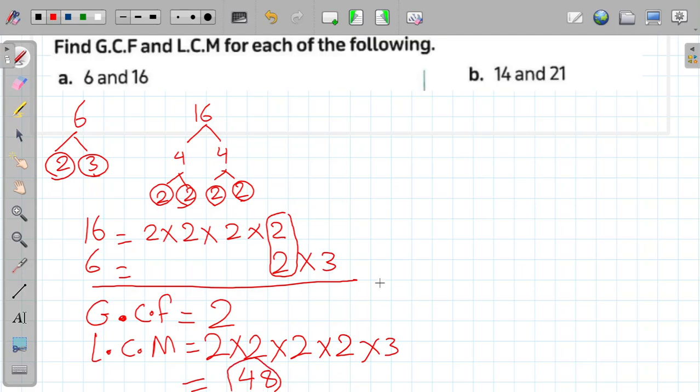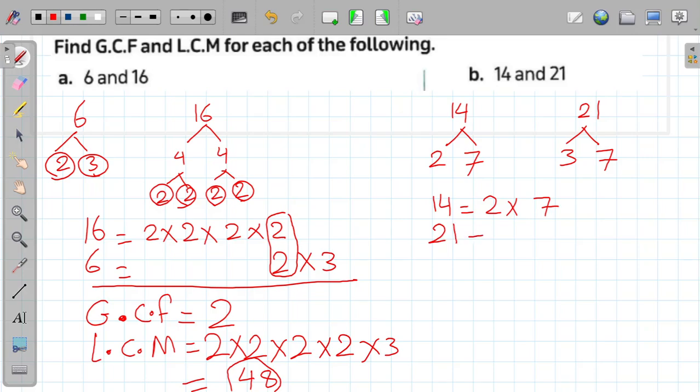Here I have 14 and 21. So I will write 14 and 21. 14 equals 2 by 7, and 21 equals 3 by 7. So I have here just one common factor, and it's 7.